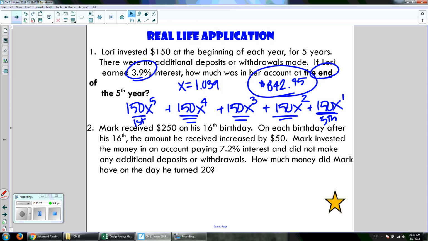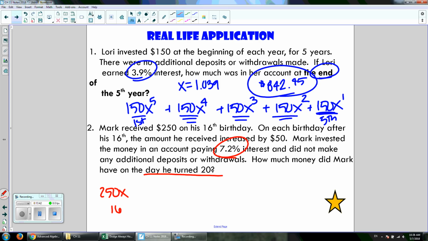Okay. Something similar, number 2. Mark received $250 on his 16th birthday. On each birthday after his 16th, what he received increased by $50. He put it in an account paying 7.2% interest and did not make any withdrawals or deposits. How much did he have on the day he turned 20? So let's go, his 16th birthday was 250 times some interest.